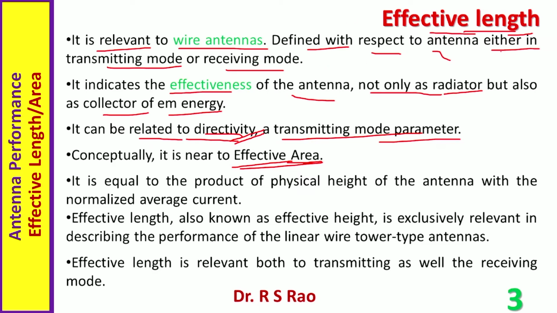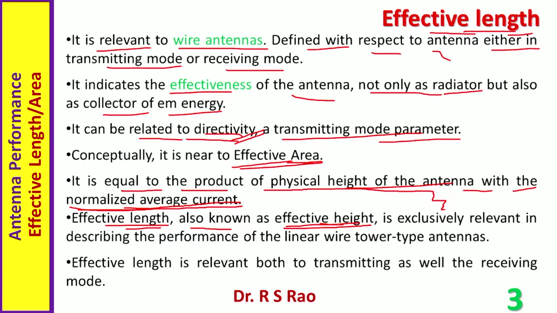Effective length is equally okay for both modes of operation. It is equal to the product of the physical height of the antenna with the normalized average current. Effective length, also known as effective height, both are the same.